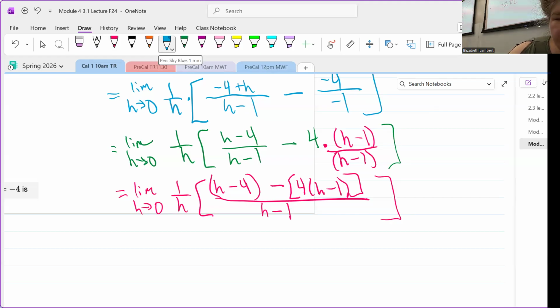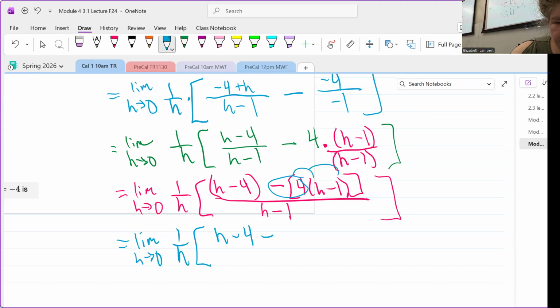So I can really think of this as negative 4 that's going to get multiplied through. So that's minus 4h, and then it becomes plus 4 all over h minus 1.